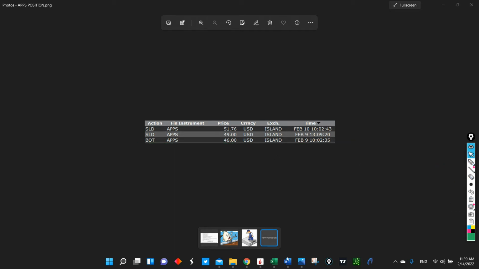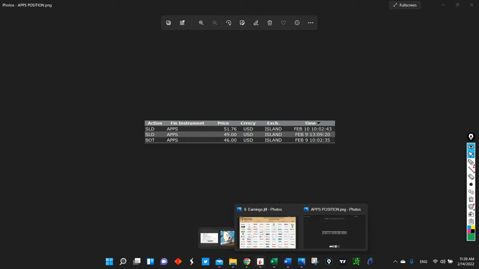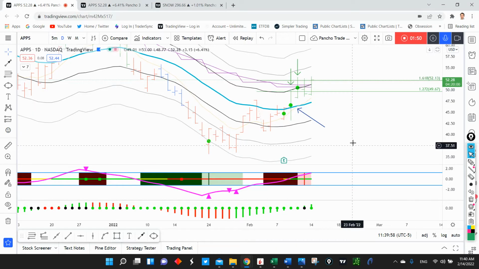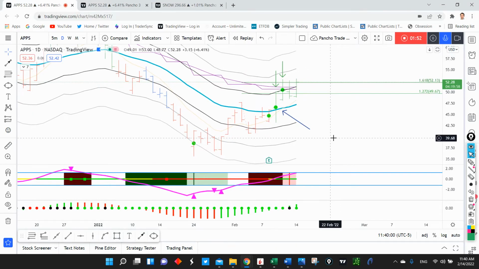Now let's go back into the chart so that we can take a closer look at my trigger in APPS. I mentioned APPS here in my Twitter account.